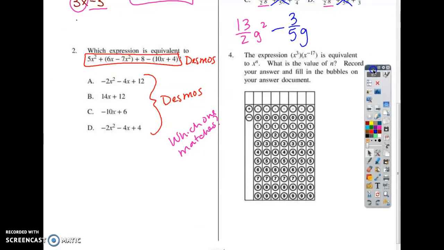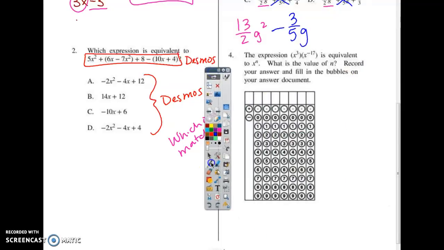Problem number 4. Does anybody remember the rule for doing this? What's the rule? Multiply. No, we're not multiplying. You add them.